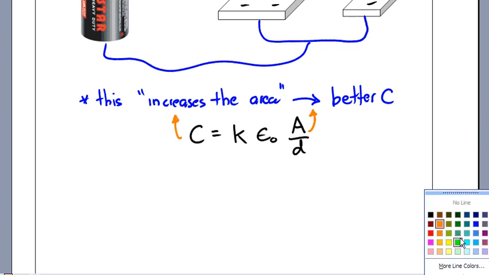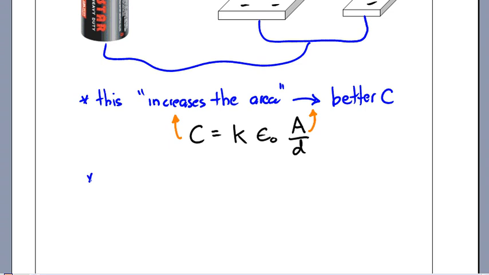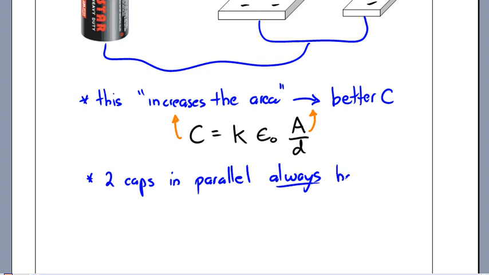So something I can tell you is always true: two capacitors in parallel always have more C, more capacitance than either one.